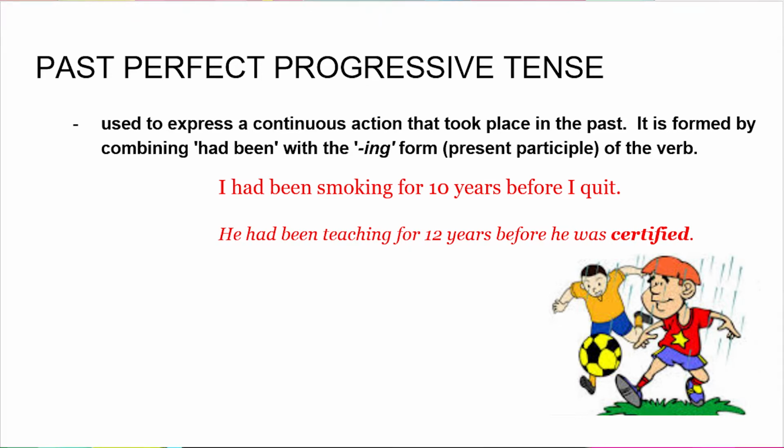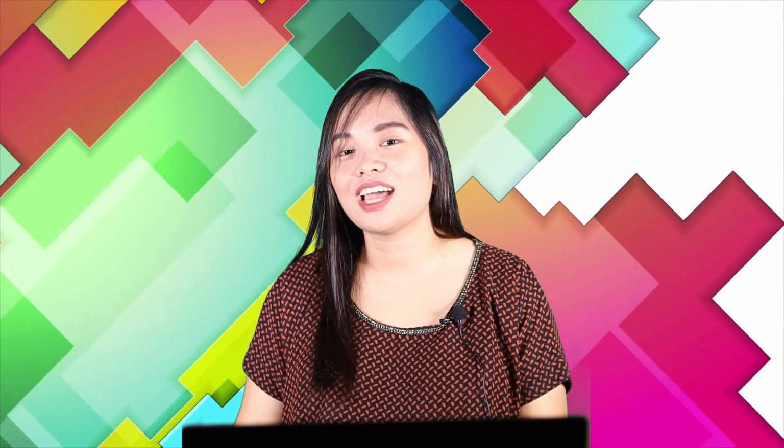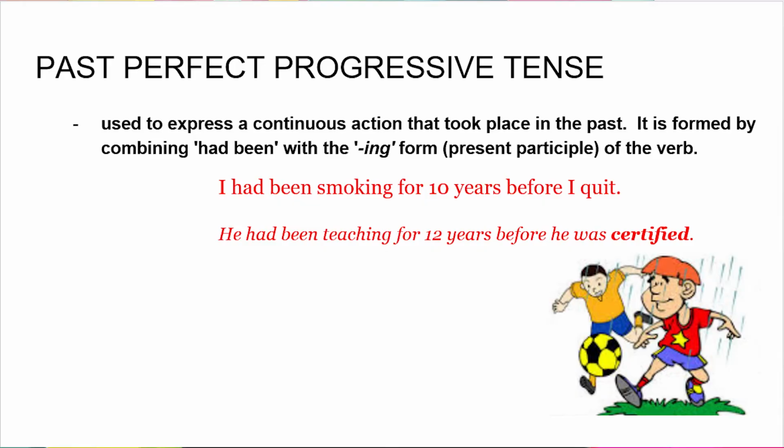Again, as what I've mentioned earlier, your past perfect progressive is a combination of your perfect and your progressive, meaning your perfect that indicates completed action and your progressive that is a continuous action. It's a combination of the perfect and progressive.